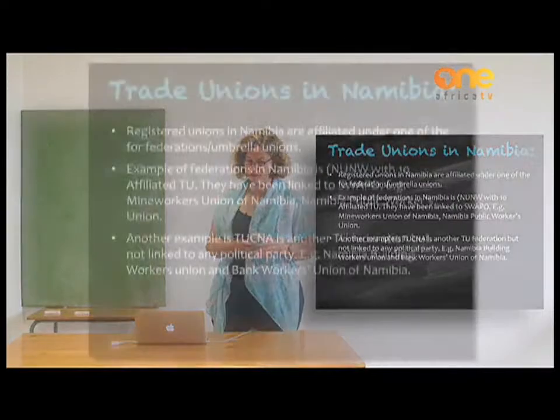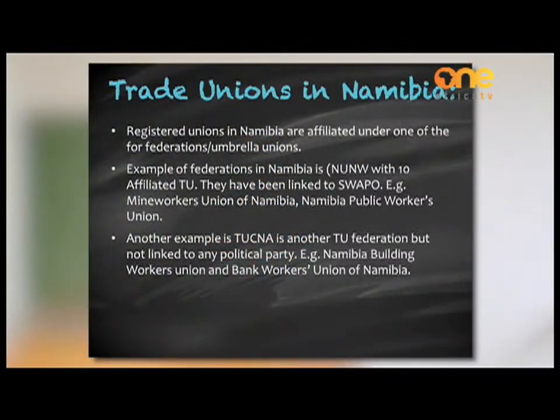The biggest umbrella union in Namibia is the NUNW, and it was started just after independence by the ruling party at that time, SWAPO. So it mainly started with mine workers and public workers, but it's much bigger now.